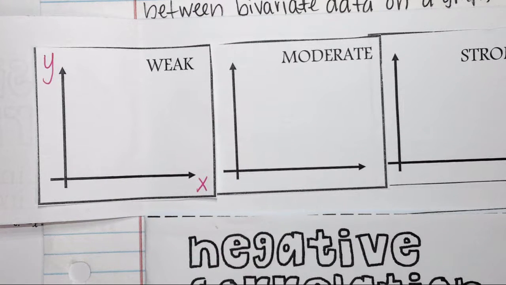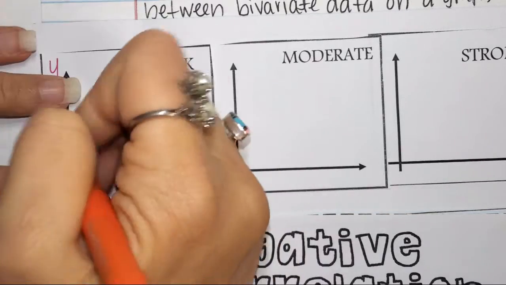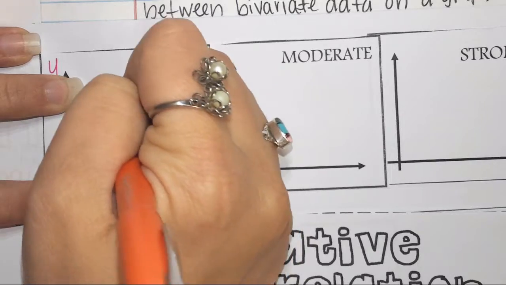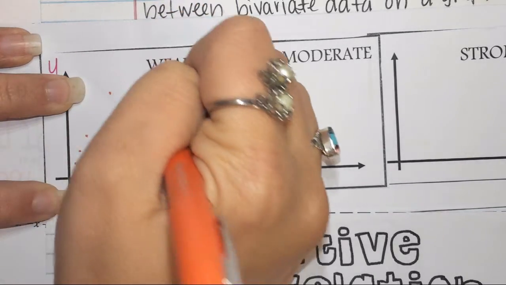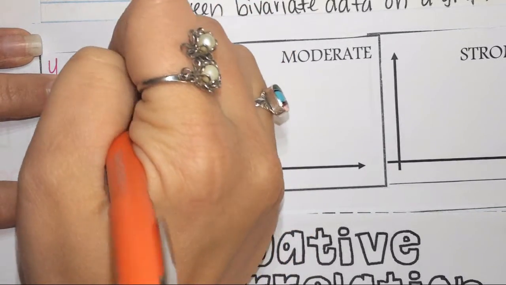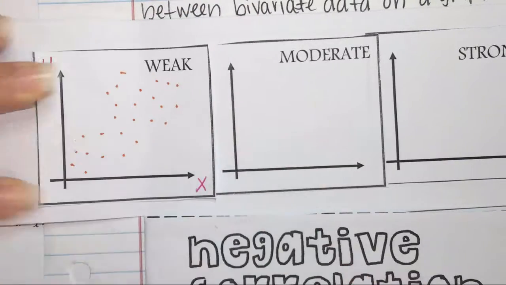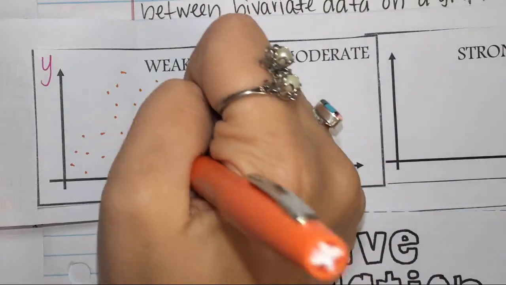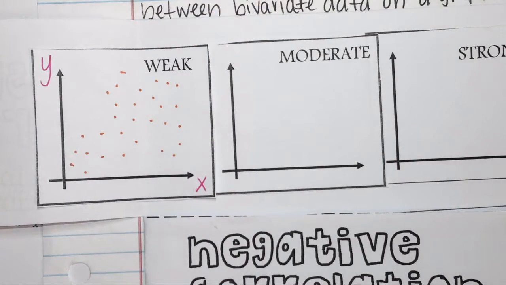And what it could potentially look like is if you have a bunch of dots like this. So that's kind of increasing, right? But you could have some down here. But it's generally increasing.